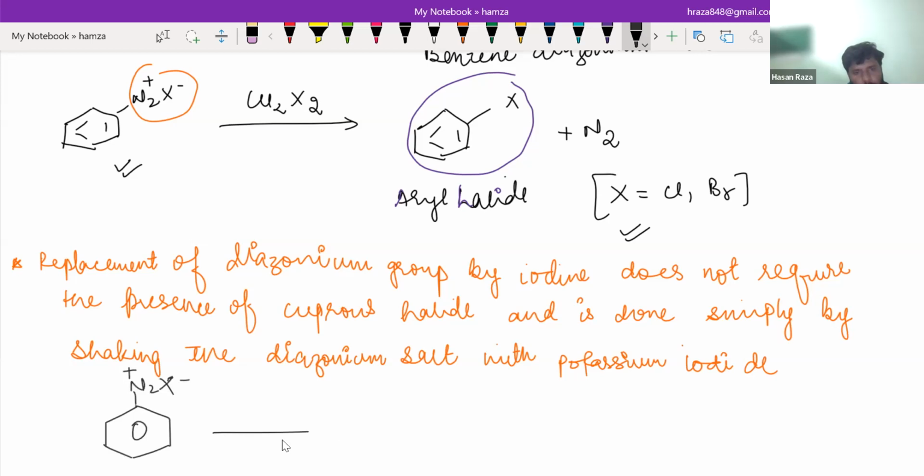You react this with potassium iodide and it will give you iodobenzene directly. Please write this.